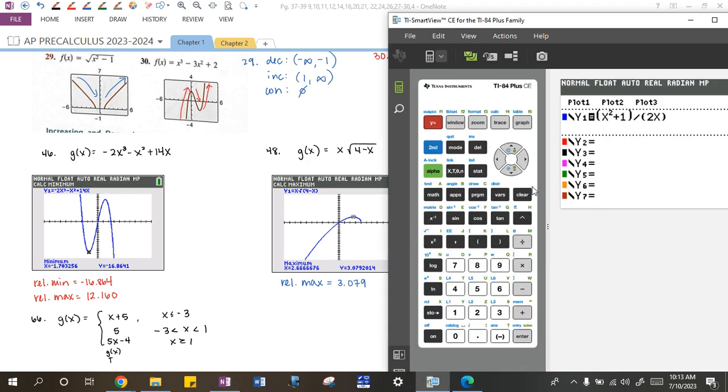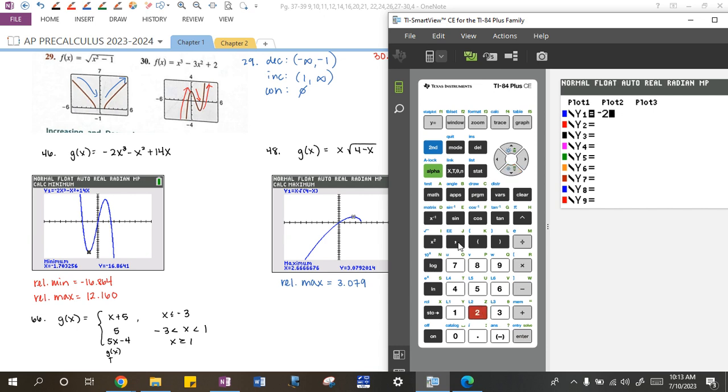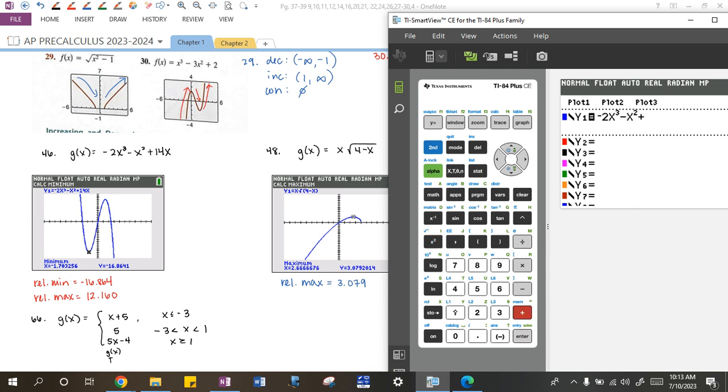Go to your y equals, clear out the old stuff, make sure your plots are off. If any of those are highlighted, go up and unhighlight them by pressing enter. And we're typing in negative 2x to the third minus x squared plus 14x.